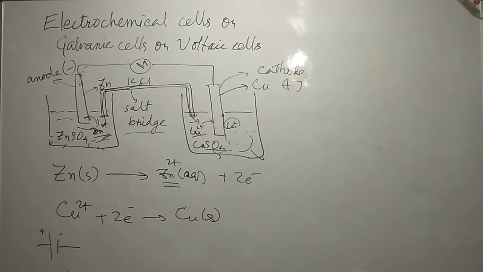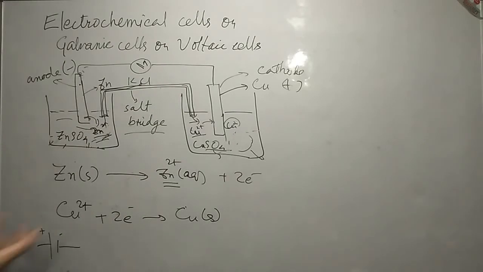As I mentioned in the beginning, the salt bridge is an inverted U-tube containing saturated solutions like KCl, KNO3 or NH4NO3. The functions of the salt bridge are: it completes the electrical circuit, and it also maintains electrical neutrality of the two half cell solutions.